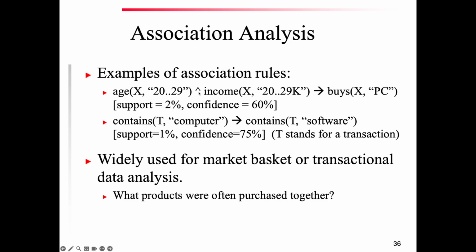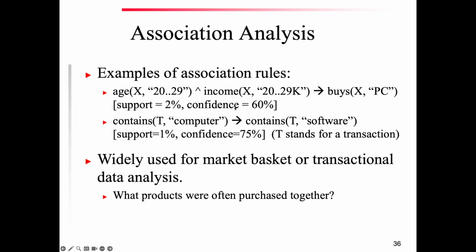An example of association analysis is here. For example, you say age between 20 and 29, and income between 20 and 29K. If this is the case, you see that they often buy, for example, a PC.